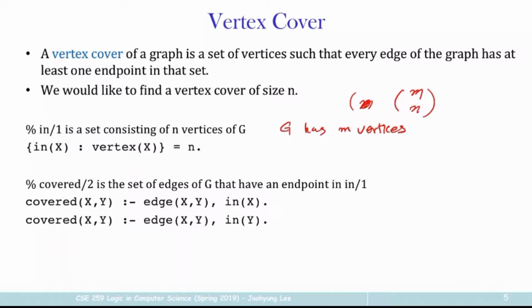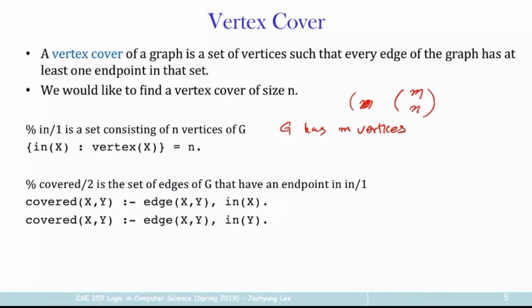Okay, if you think about this in terms of the possibilities, so what we did was choose a subset of the vertices, and then given the set of vertices, we actually add more information, but we are not actually changing each of the possibilities. Given the possibility, we can say some edges are covered or some edges are not covered. Okay? If you doubt it, of course, you can check this when you run Clingo.